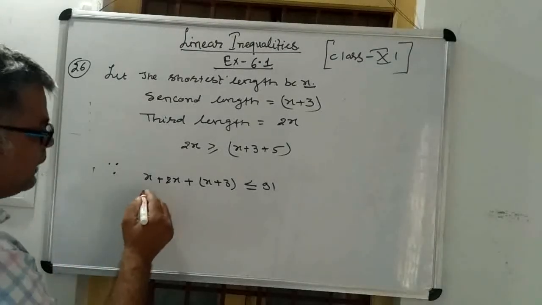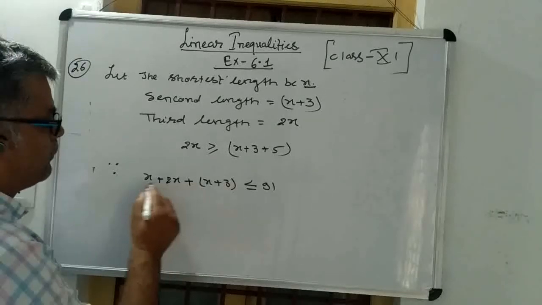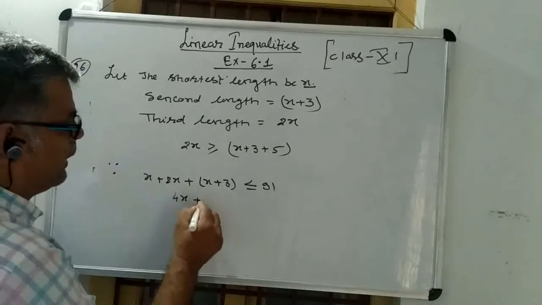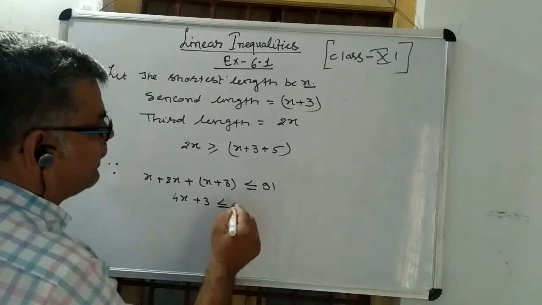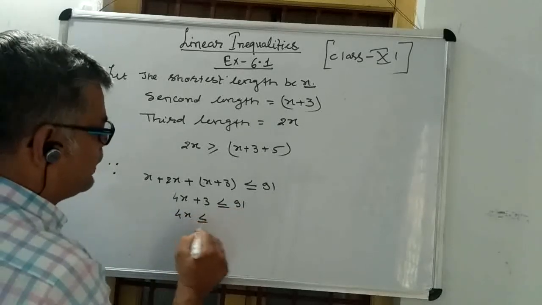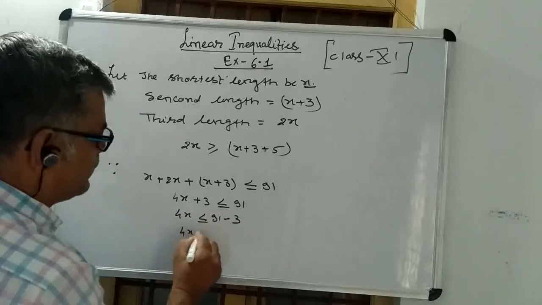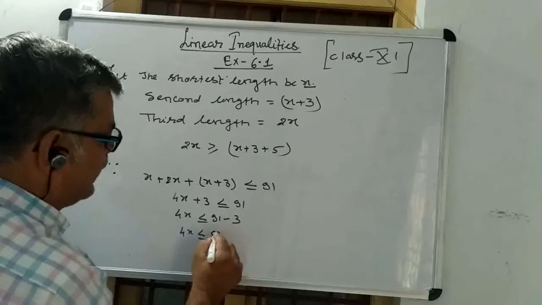Solving this inequality, we have x plus 2x plus x, that is 4x plus 3, is less than or equal to 91. So 4x is less than or equal to 91 minus 3, so 4x is less than or equal to 88.